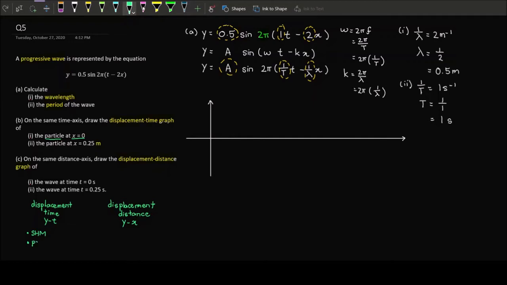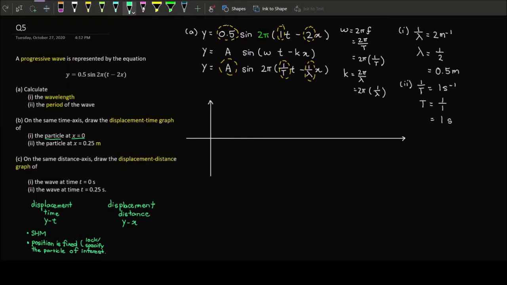So the position is fixed. Why do they want to fix the position? Because they want to specify the particle they want to investigate. I call it the particle of interest.